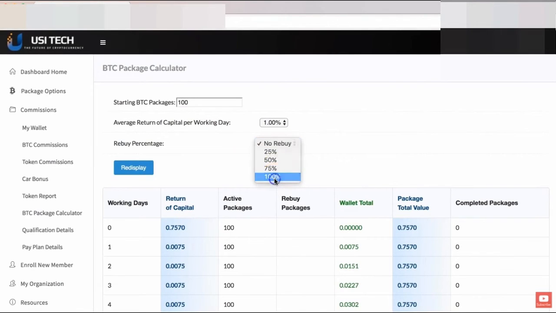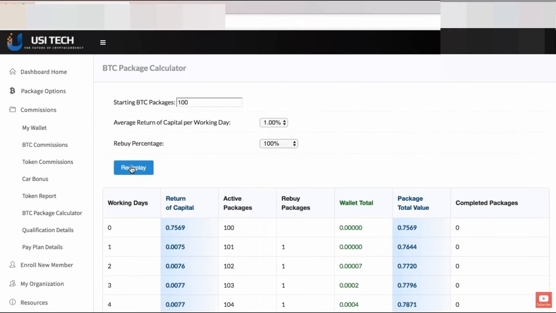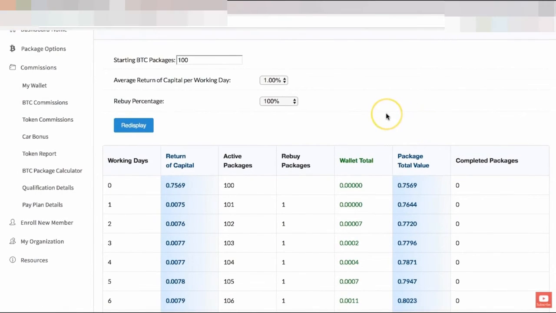So now if you put this at 100%, the calculator is trying to tell you over X amount of working days, you can rebuy X amount of packages, depending on the starting packages, and then have your money grow inside the platform.